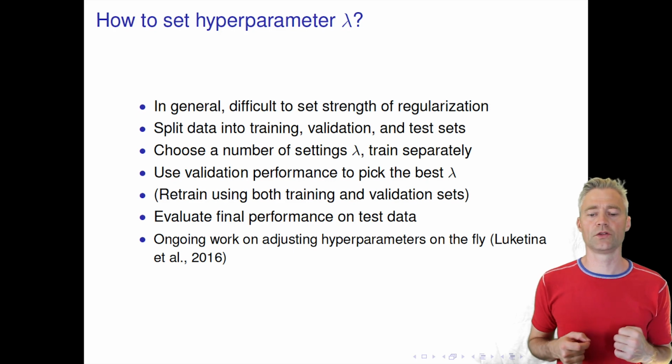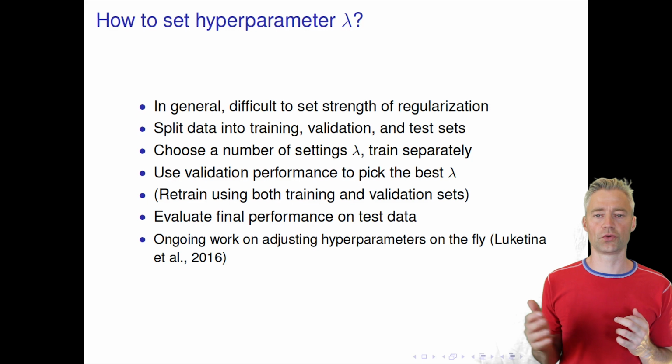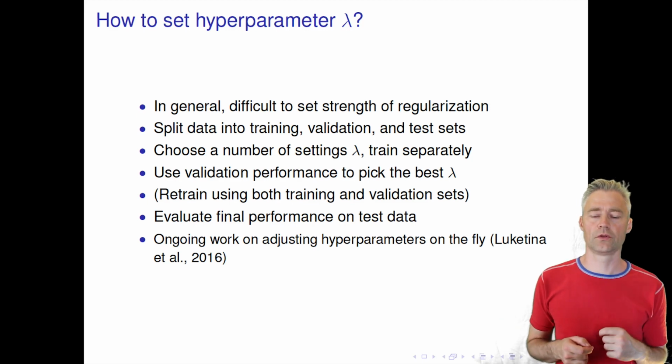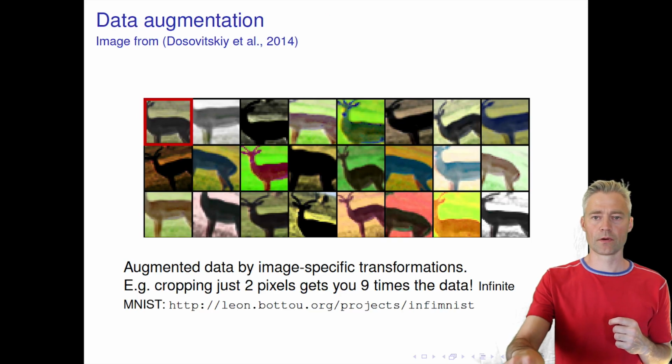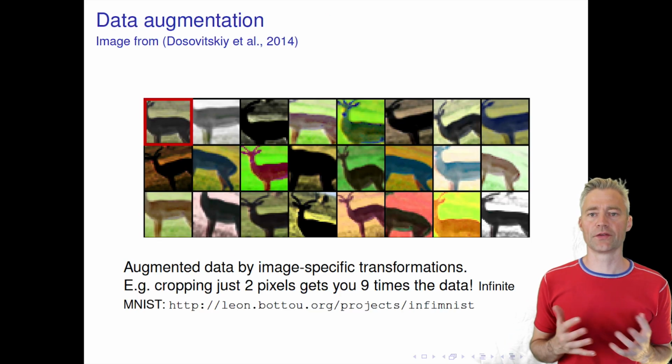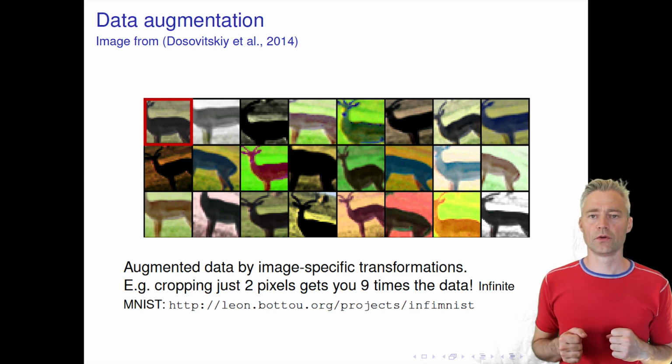If you're Bayesian, then you would make a so-called hierarchical model and put also a prior distribution on this parameter, and then infer that together with the normal parameters. So this was a little bit about the classical way to do regularization. Next, I'll talk about other methods.